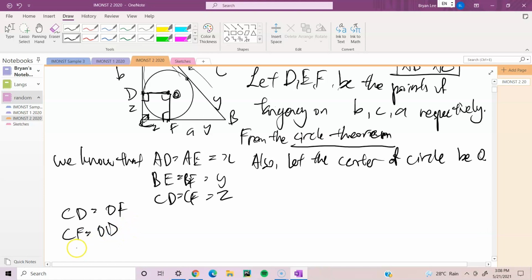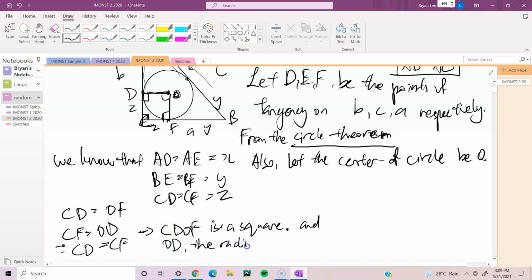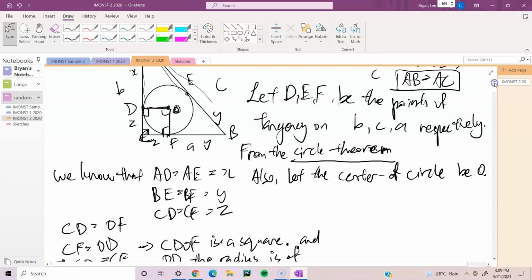And then since CD equals CF itself, this would mean that CDOF is a square. And OD, the radius, is of length z.